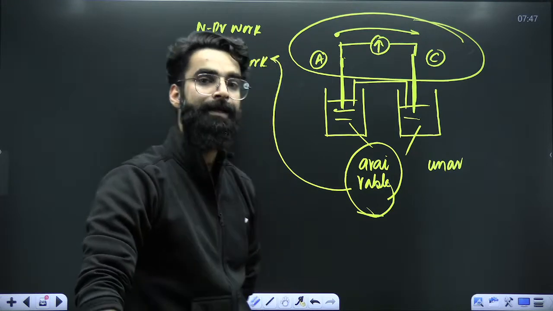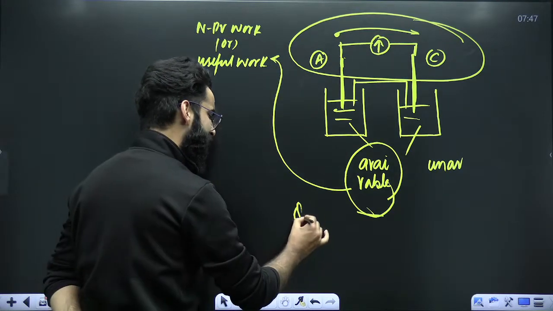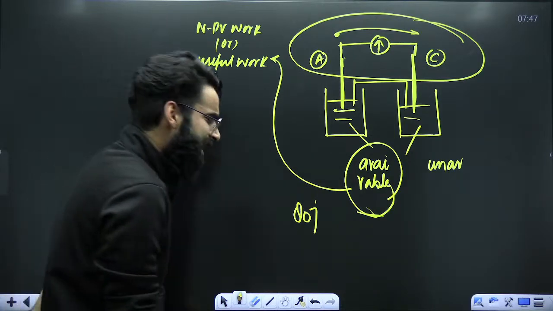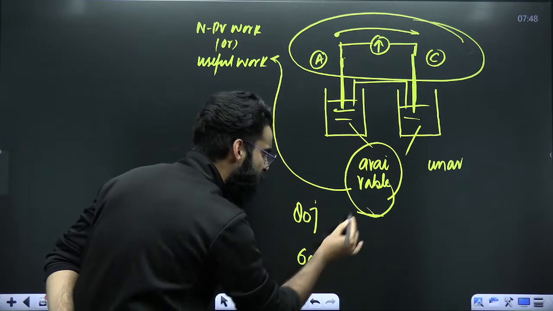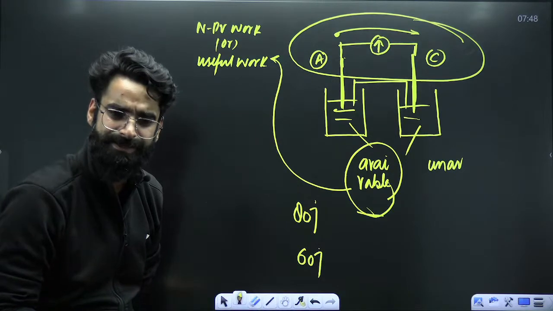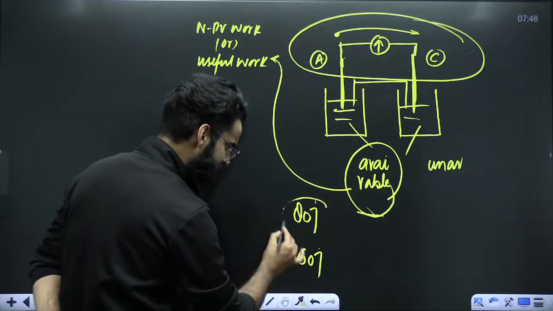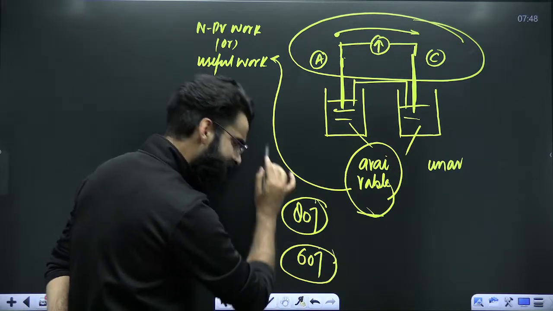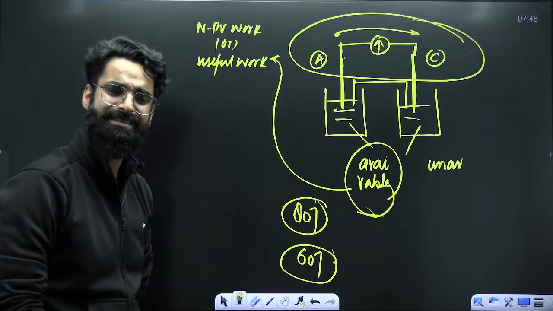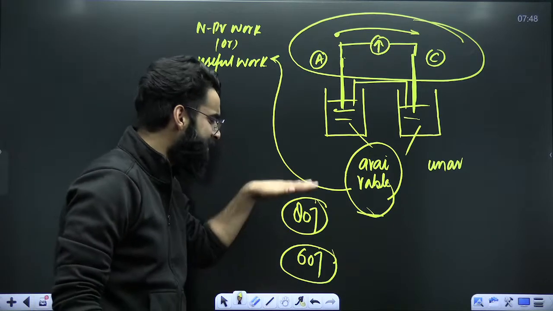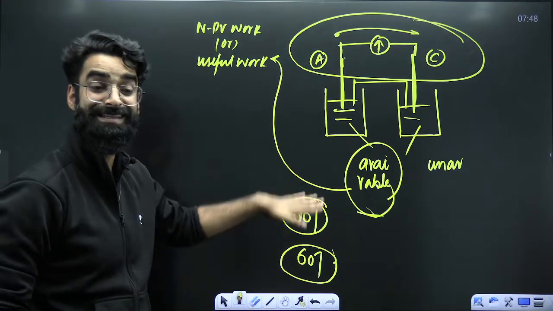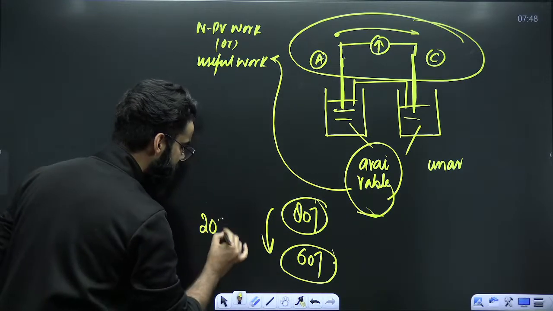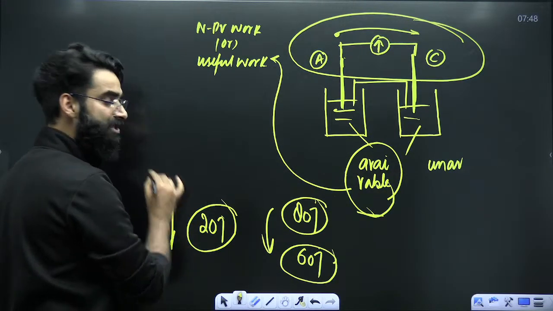Imagine that in the beginning, the system had 80 joules of available energy. After some time, only 60 joules of available energy is left with the system. So has the available energy of the system decreased or increased? It has decreased by 20 joules.